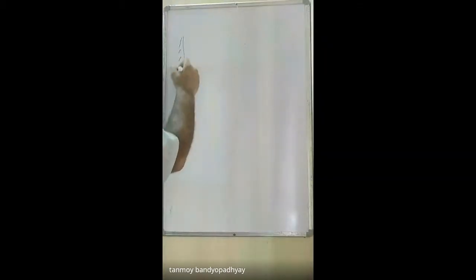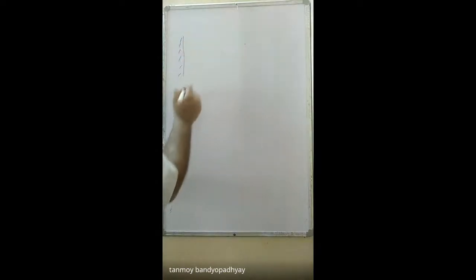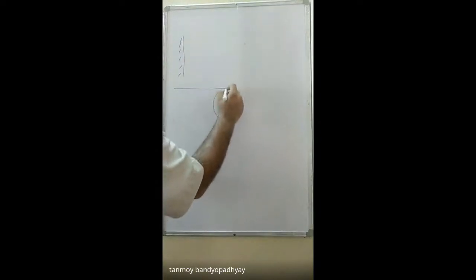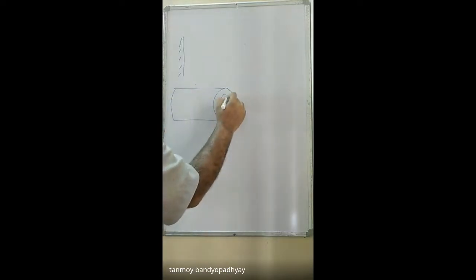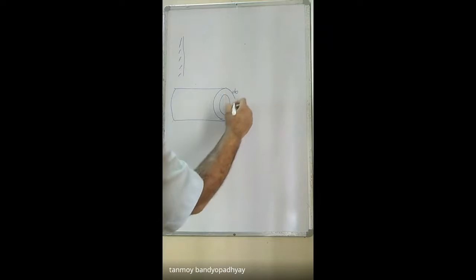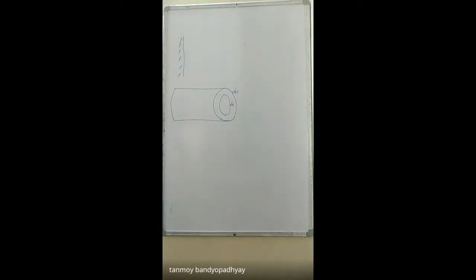So if I draw it, this is the hollow tube, and inside it there is a rod. You will have some outer diameter, I call it D0, and an internal diameter, I am calling it D1. Inside this tube there is a rod. If I see it from the front end, I get something like this.